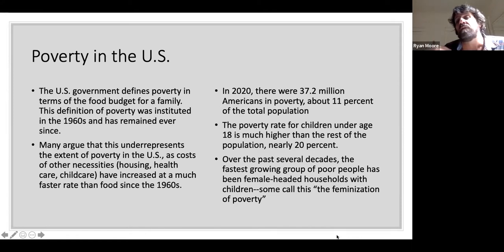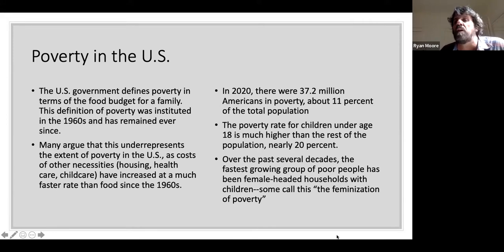And so a lot of sociologists and social scientists who measure this sort of thing for a living say that this poverty line is just too low. It's too low because we have this old definition of poverty that's tied just to the price of food.